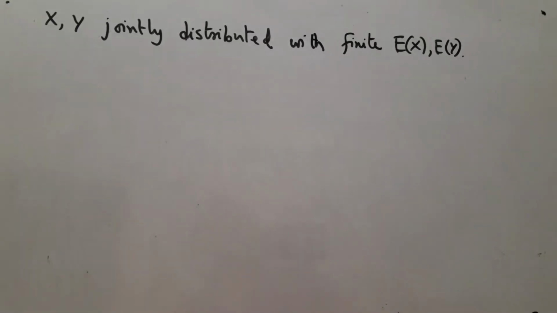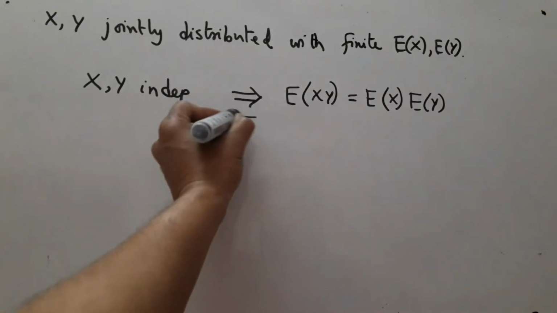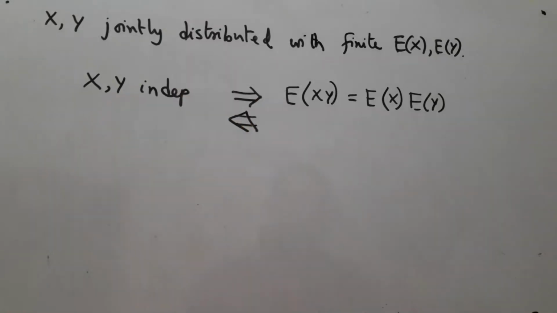Two points are in order here. Suppose I have X and Y jointly distributed with finite expectations. Then we saw just now that if X and Y are independent, then we have this. But you must remember, we do not have the opposite implication.